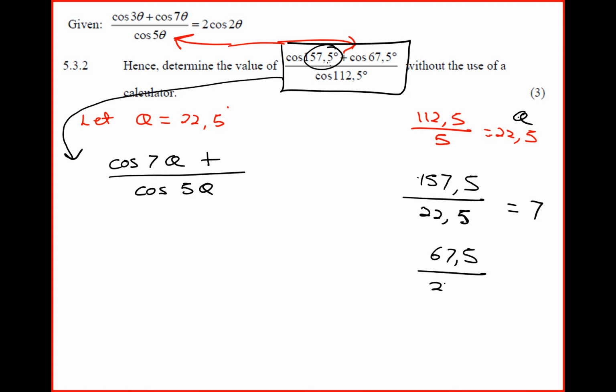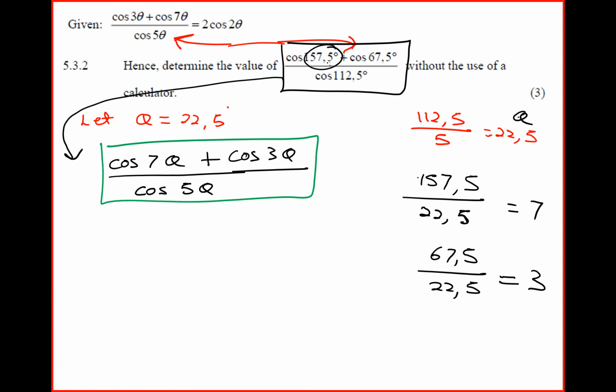And if we take 67.5 and divide by 22.5, that will actually give us 3. So we can rewrite the cos 67.5 as cos 3 theta. Now, which is the same as what is given on the top. So that means that that given part was equal to 2 cos 2 theta. So we can rewrite this as 2 cos 2 theta.